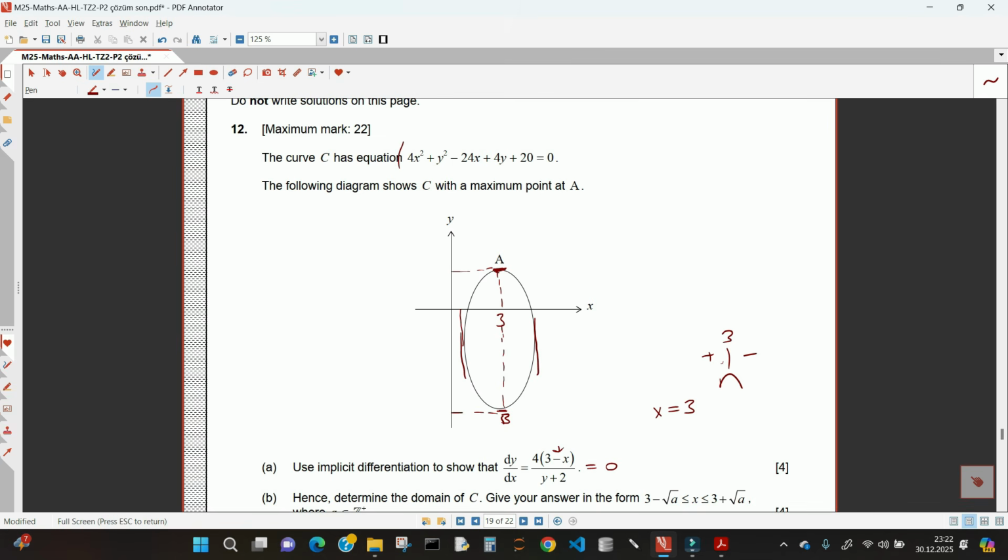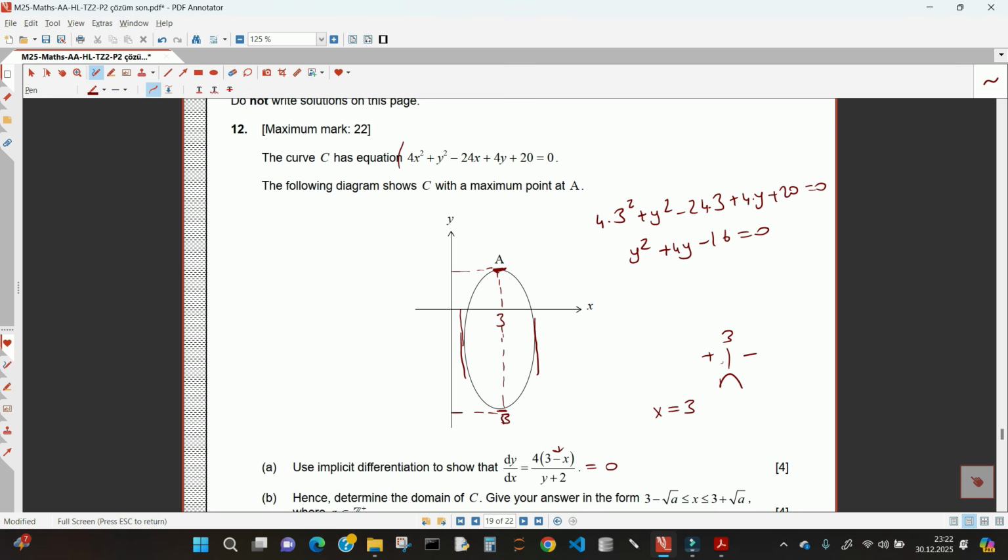Which is 4 times 3 squared, plus y squared minus 24 times 3 plus 4 times y plus 20 equals 0. From here you can write y squared plus 4y minus 16 equals 0.